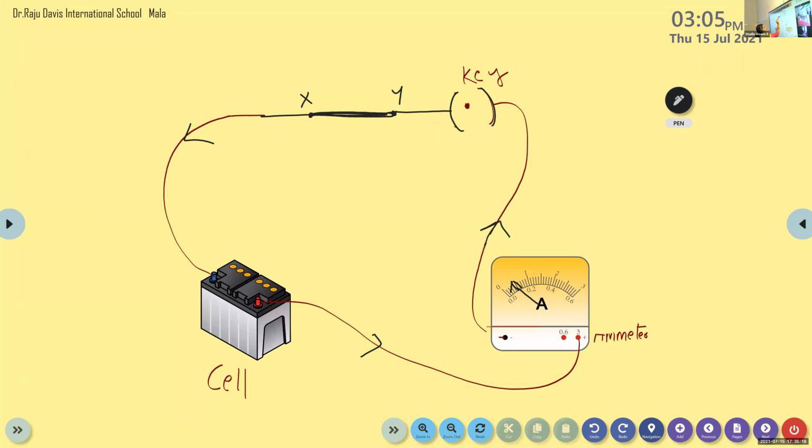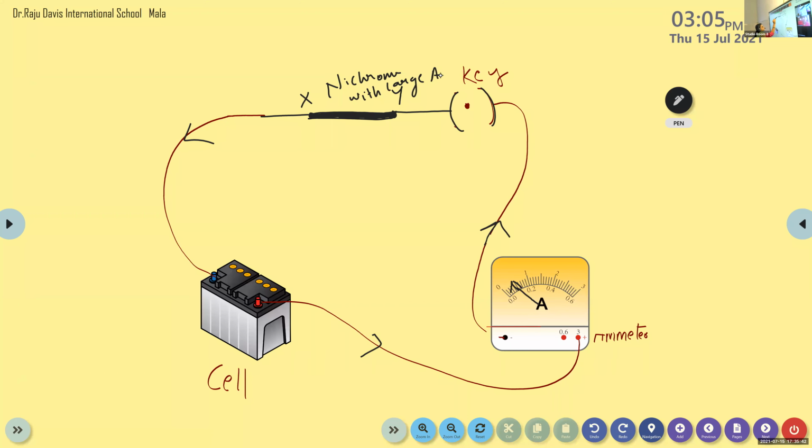Same length 5 centimeter, but the area is increased. Again we repeat the same procedure.